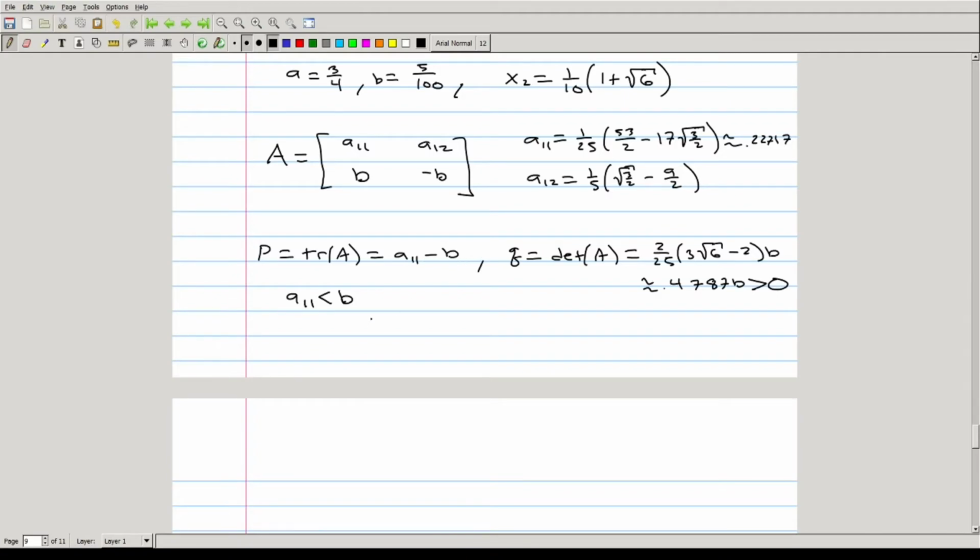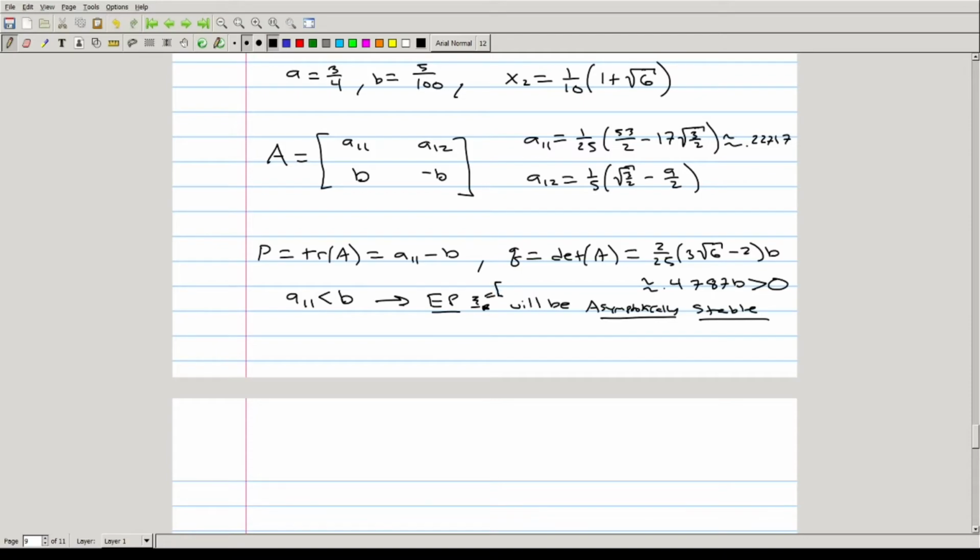A11 minus b will be negative, and therefore this equilibrium point will be asymptotically stable, which means solutions close to it should converge into that point.